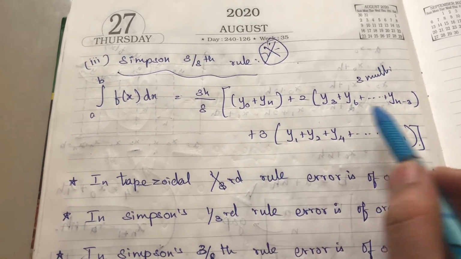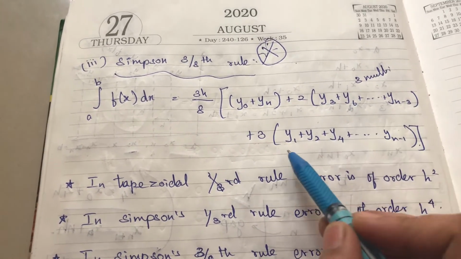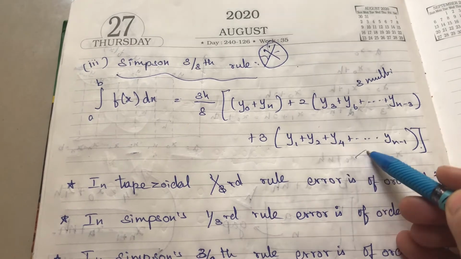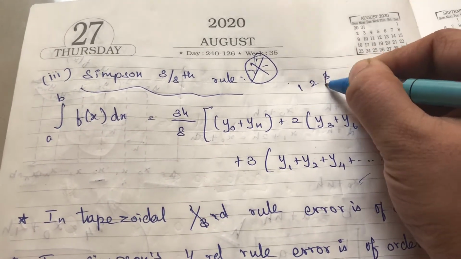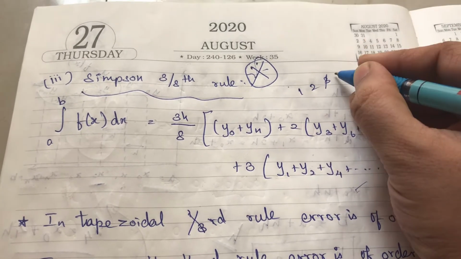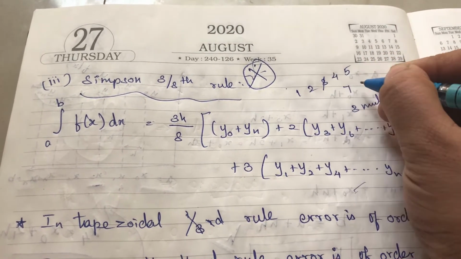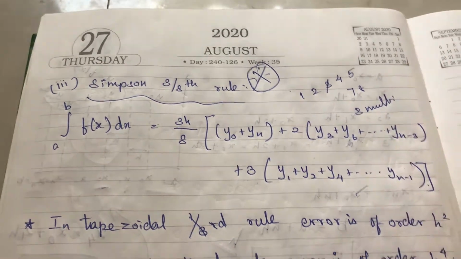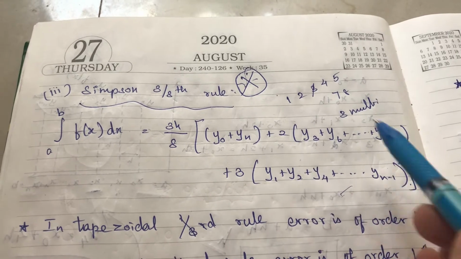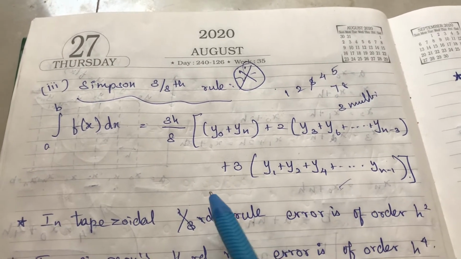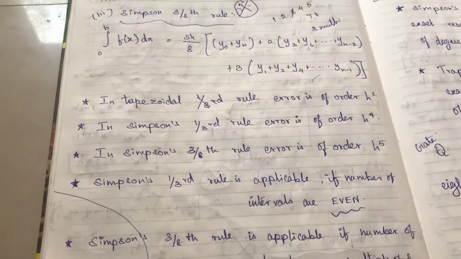Plus 3 times the remaining terms. Just leave the multiples of 3 and write the remaining ones here. Like 1, 2, 3, we omit 3 because it goes with the 2 times. Then 4, 5, 6, then 7, 8, 9. So the multiples of 3 come with 2, but the remaining ones come with 3. So this is the formula.